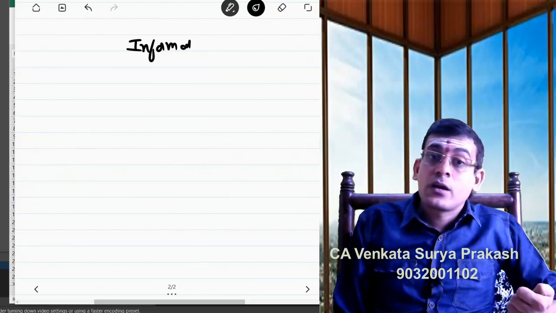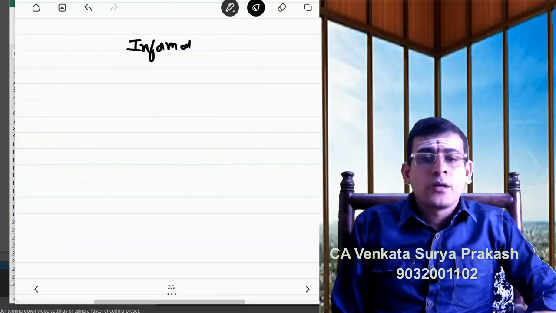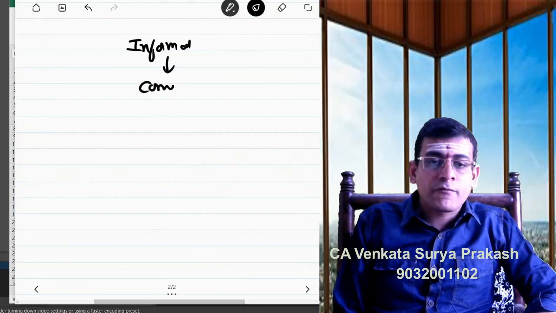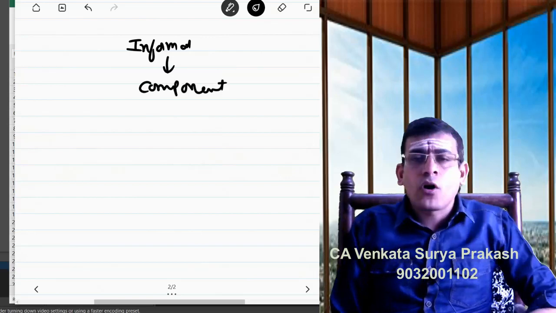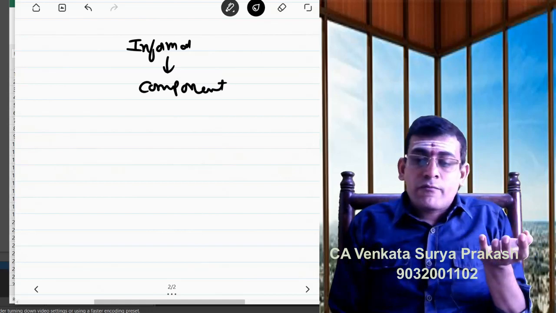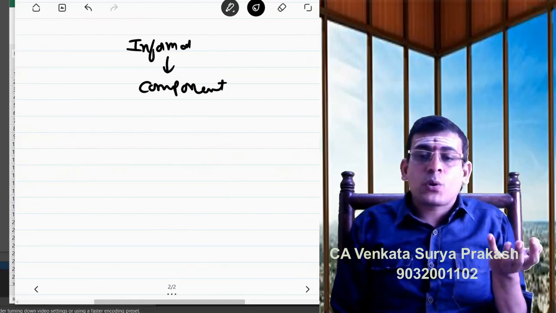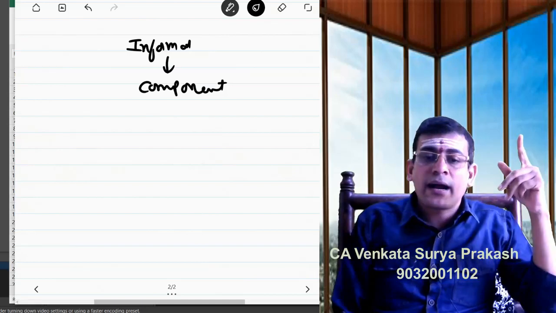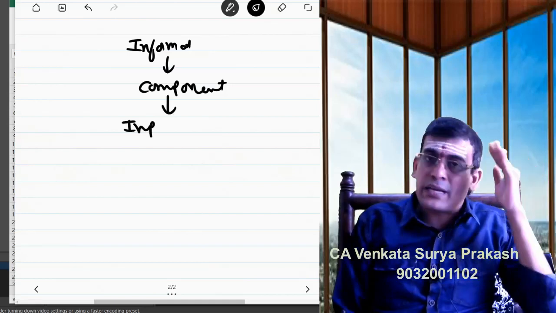Now, if I go in depth into information, we have a lot of components of information. What is the meaning of components of information? We have seen an example of processing information. To process my information, what did I need? I need something called input.